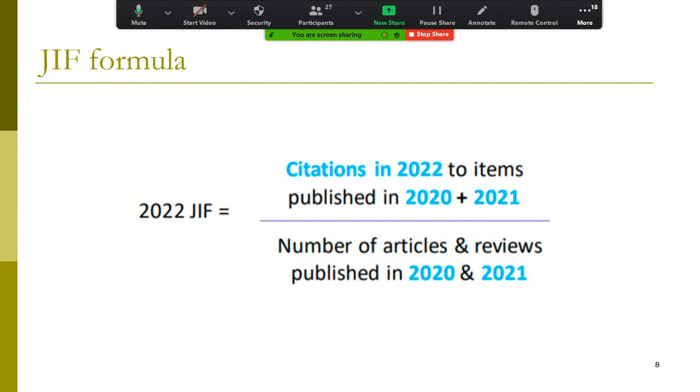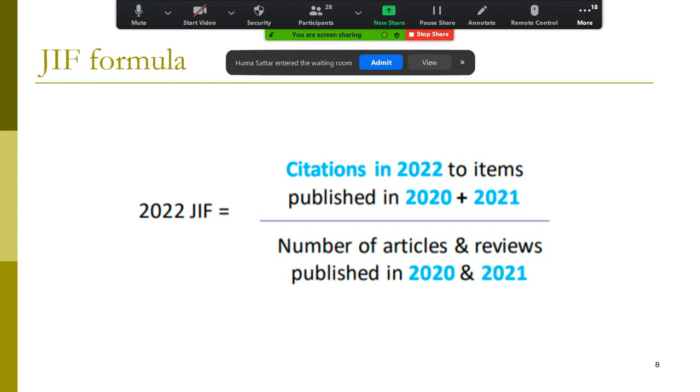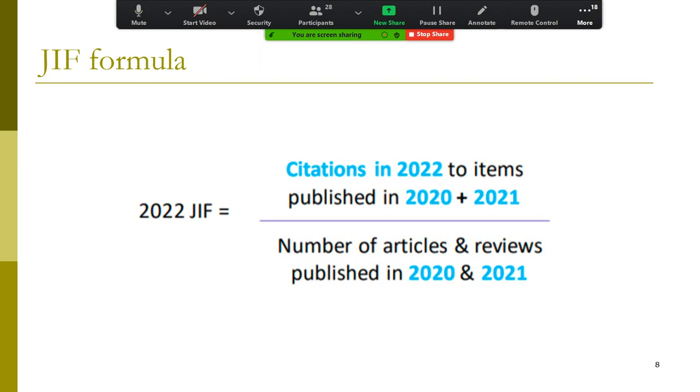The result is the journal impact factor. For example, if the number of citations is 200, then 200 divided by 100 gives a journal impact factor for 2022 of 2.0 for that journal. The JCR edition published in June 2023 will have all this information. So this is the formula for calculation of the journal impact factor.